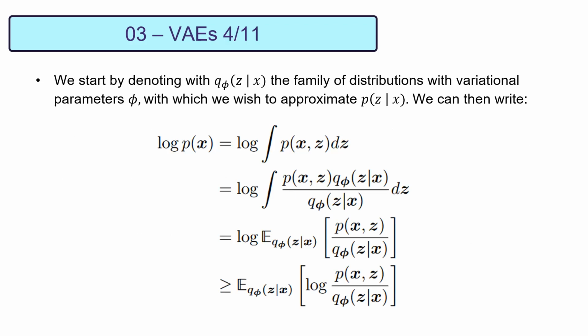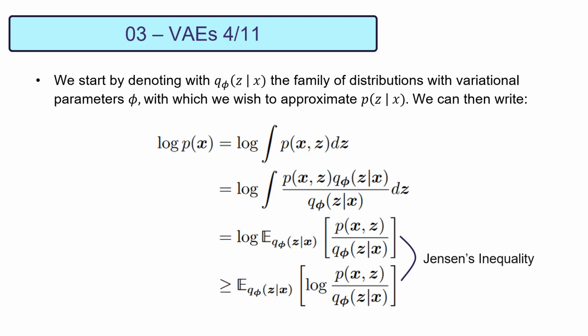This is going to be our encoder. So the expectation according to the encoder of the joint distribution P of x and z over the variational distribution Q phi z given x. Now, we can immediately write out this formula below due to a very famous property known as Jensen's inequality.